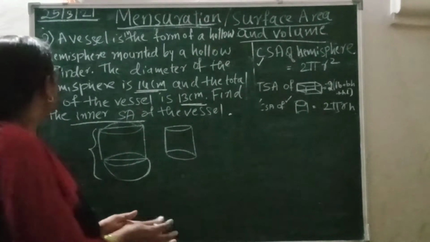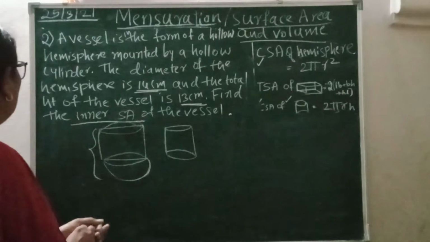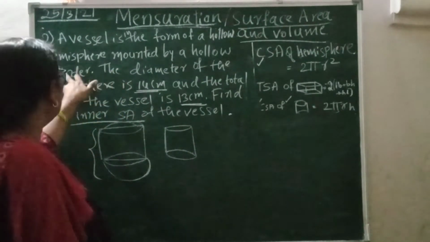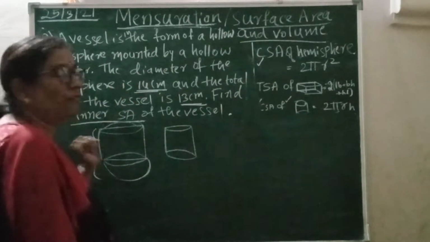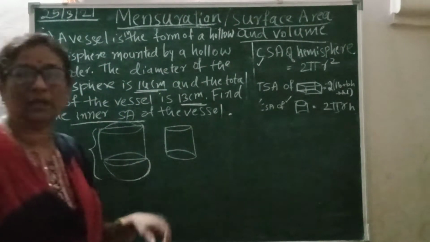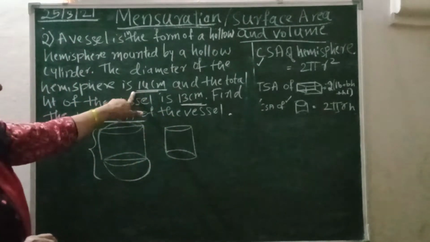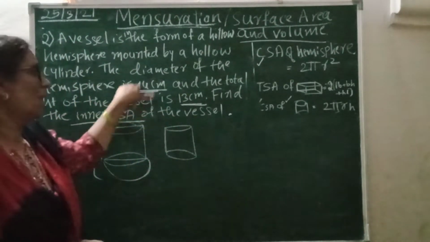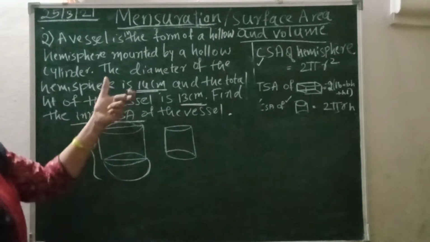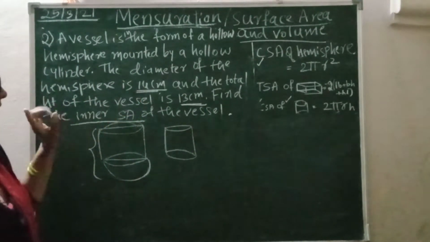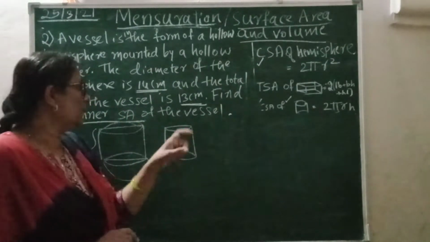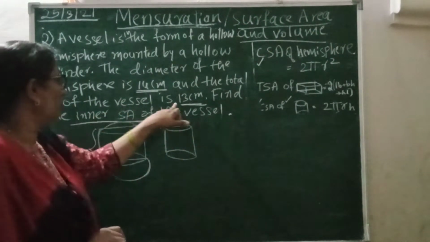Before that, let me explain one thing. Whenever you are given the diameter, be careful children. Immediately you must get the thought in your mind that diameter has nothing to do with our formulas. First of all, you must think, oh, I have to convert this into radius. That thought you must get in your mind. And the height of the vessel is given.